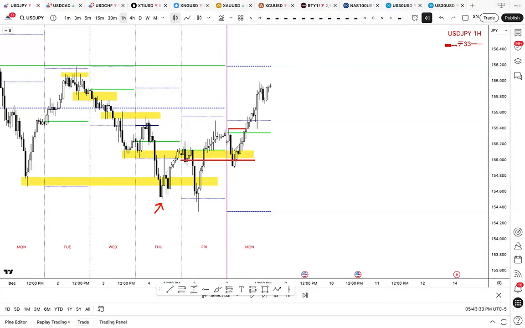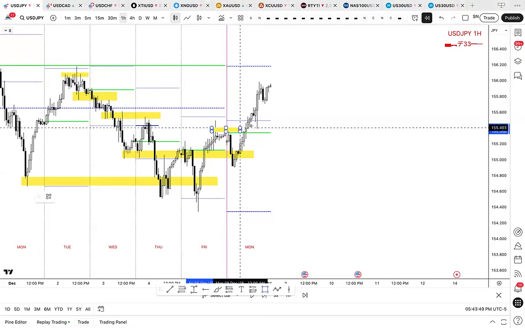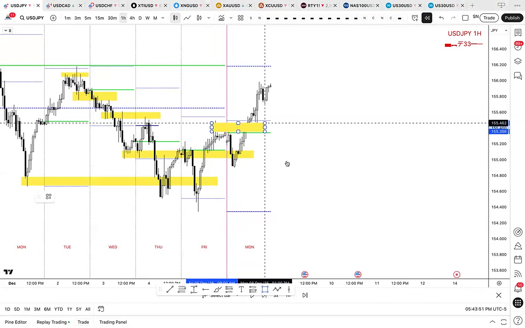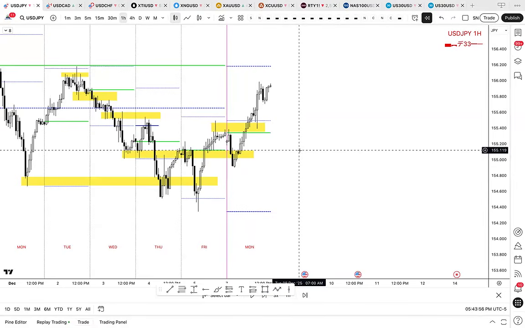On the day itself, they gave us our dump coil pump, but as long as you got in that zone, you made money. As long as you took a position at the closing price, you're good. New York session, they broke out and pulled back for a continuation.